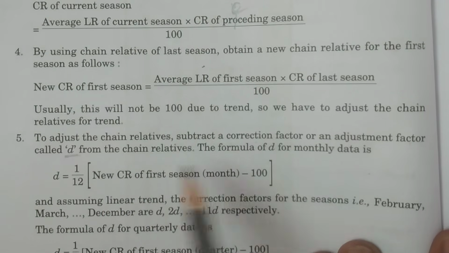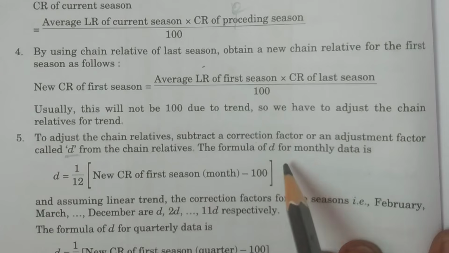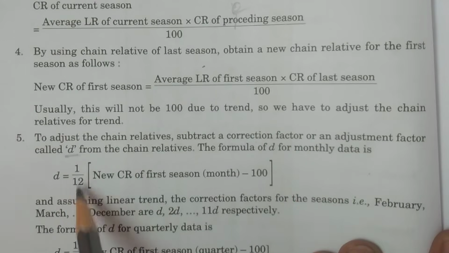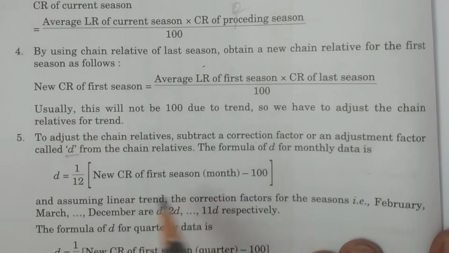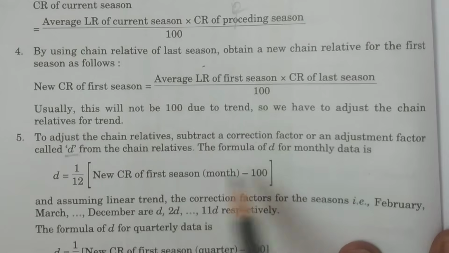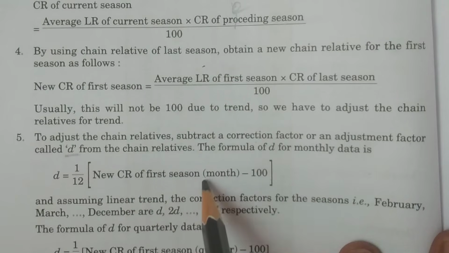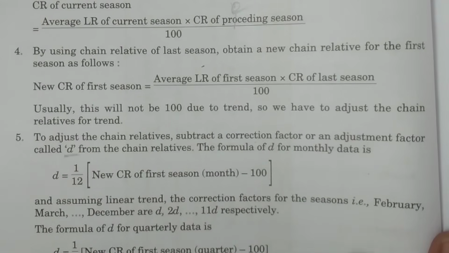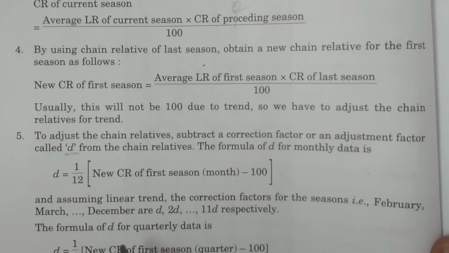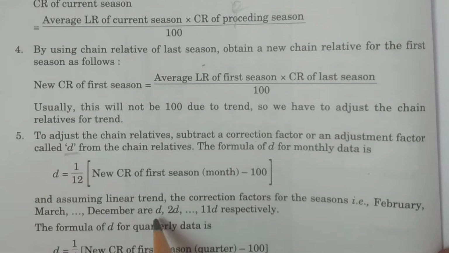The formula of D for monthly data is D equals 1 by 12 into the new CR of the first month minus 100. By assuming a linear trend, the correction factors to be subtracted for the seasons February, March and so on to December are D, 2D and so on up to 11D respectively.